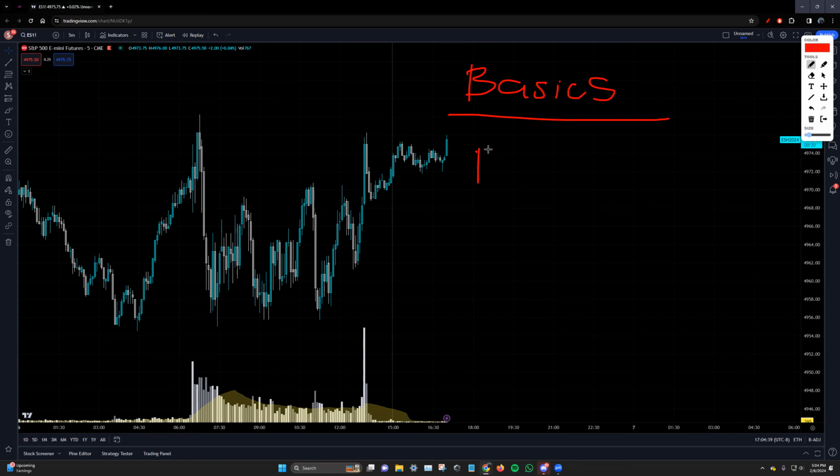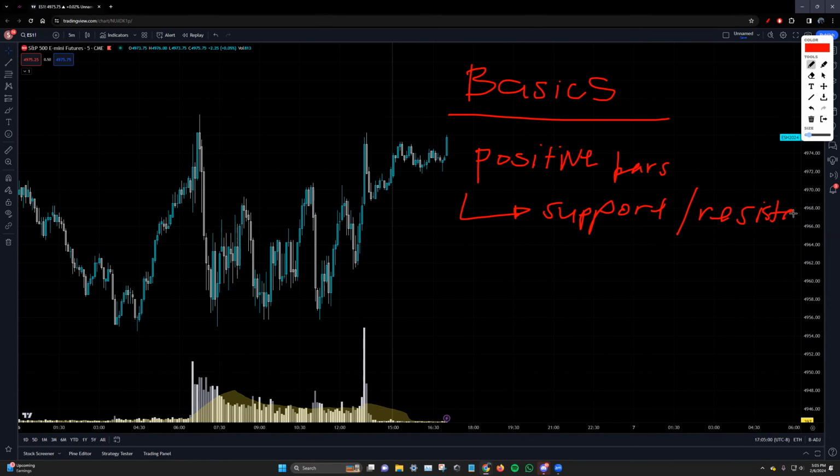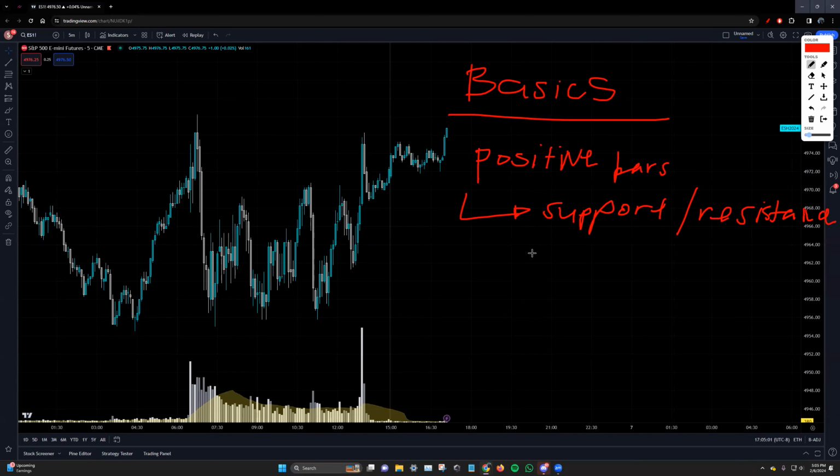What do positive bars mean? A positive bar essentially just means support or resistance. So how can it be used? When is it support? When is it resistance? This just depends on the approach, guys.